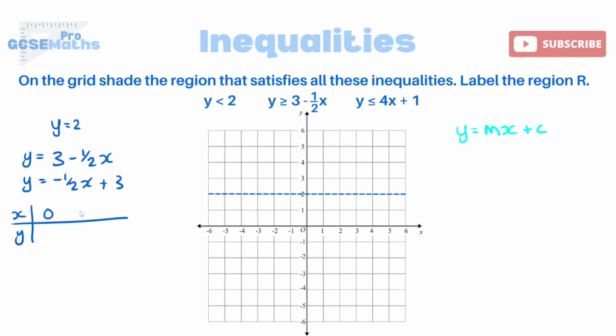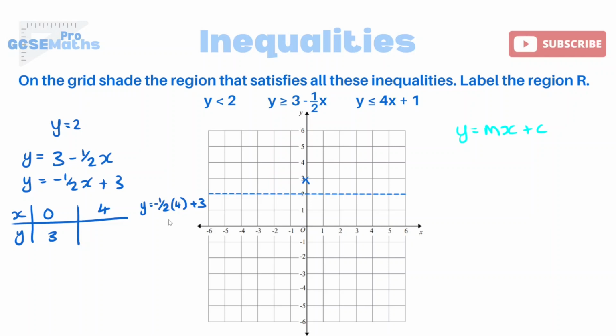That might be a bit clearer, but hopefully you'll just recognise it anyway. XY table, when x is 0, we know that this is the intercept, isn't it? 3. So I've got 0, 3. And choose another value of x. Because we're going to half it, I'm probably going to choose an even number, so 4. So when x is 4, sub it in. y equals minus a half times 4 plus 3. So half times 4 is just 2, isn't it?